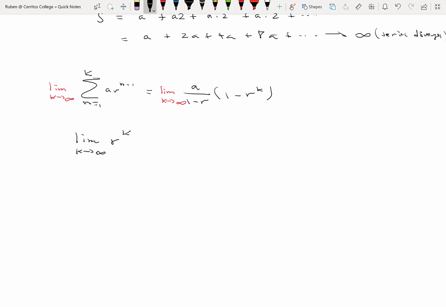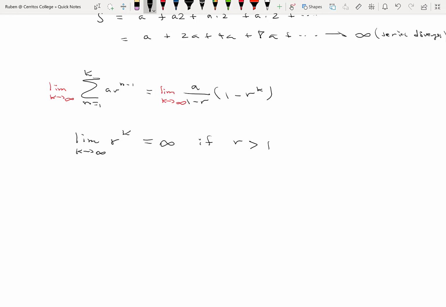What happens when you take 350% of something, then 350% of that? You get bigger and bigger. That limit then should be infinity of R to the K if R is greater than 1.